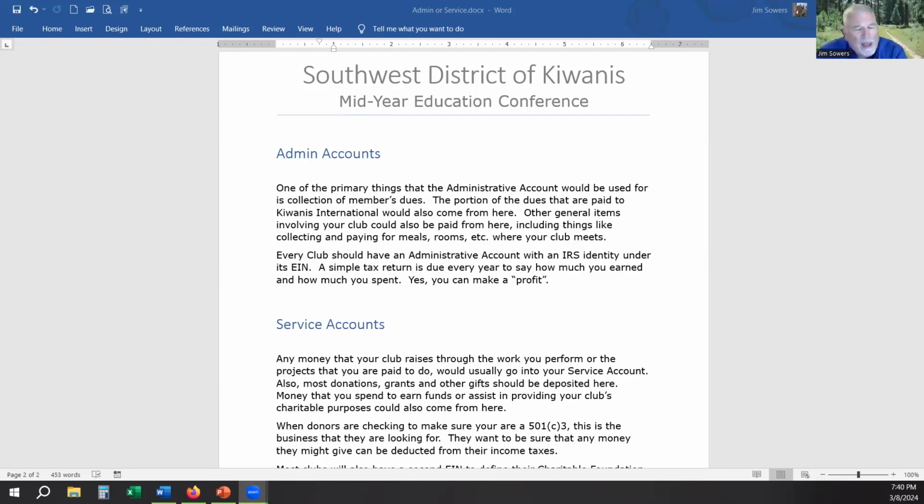But we have had many organizations ask to piggyback on the Southwest District Foundation, in particular Key Clubs and so on, who do not have their own 501c3. Part of it's because they're constantly changing the administration of Key Clubs, but they just don't have that. And it seems so simple to just tag onto and use the EIN number for someone else.